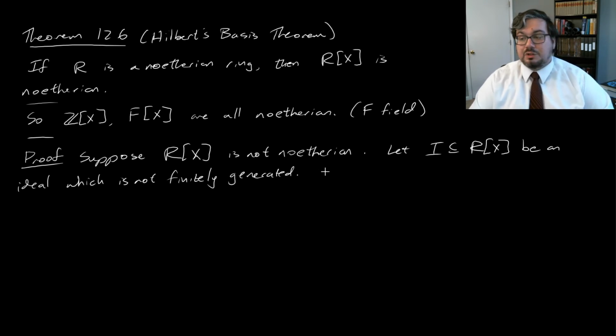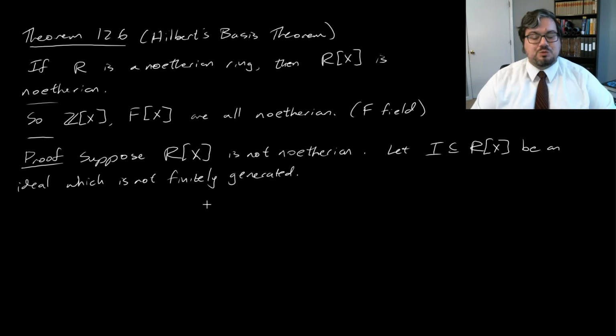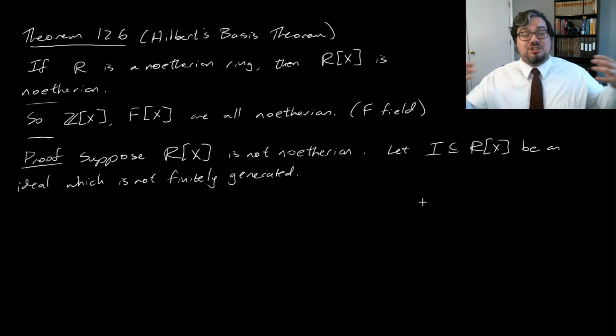Now we're going to construct a chain of elements which we're going to use to build an ascending chain of ideals in the ring R, which we will show does not stabilize.